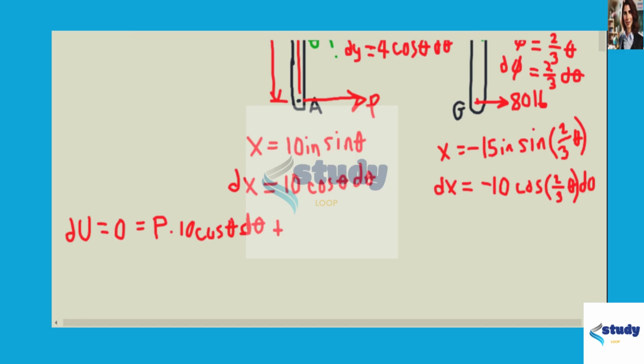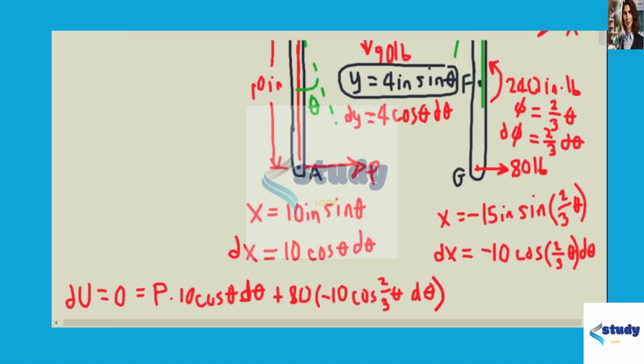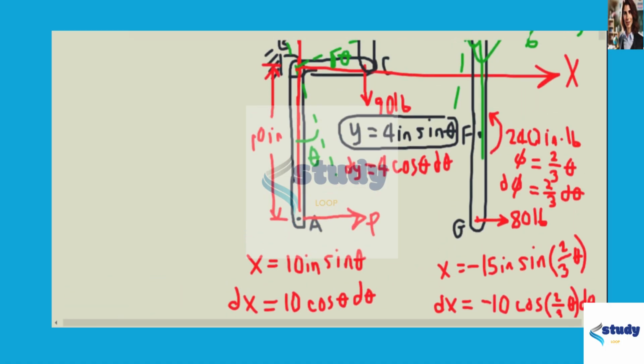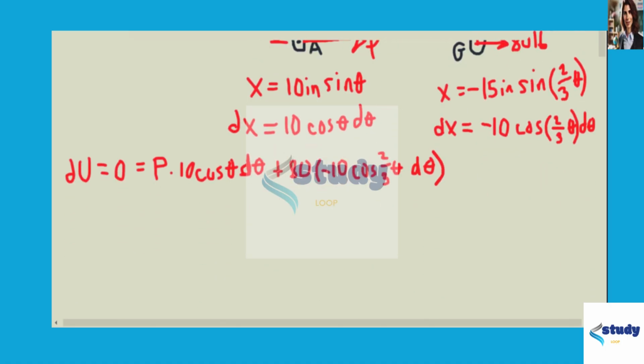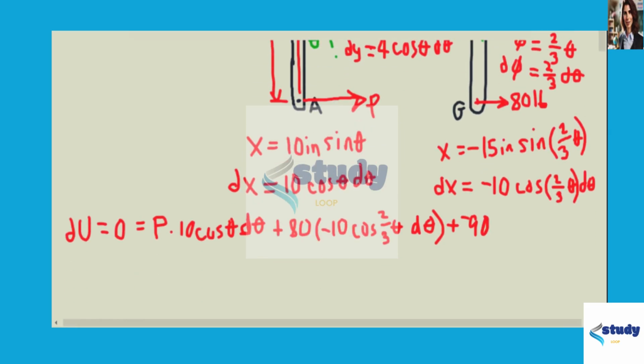Plus 80, that's in the positive direction, times negative 10 cosine of 2/3 theta d theta. Let's get this one. 90 is going in the negative y direction, so that's going to be plus negative 90. And then the displacement is 4 cosine theta d theta.